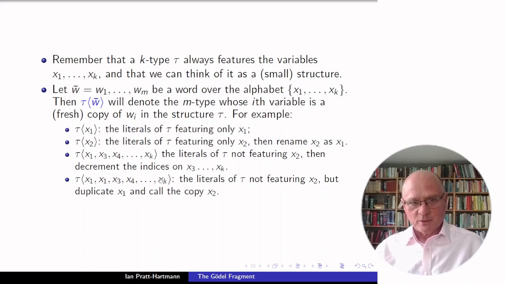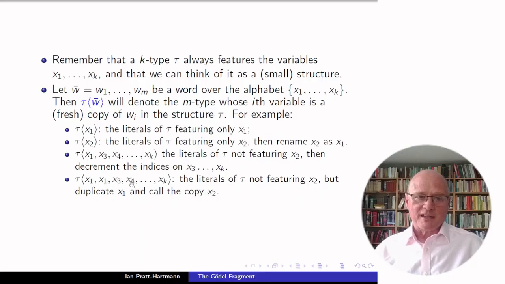Which ones? Well, you ignore the variable x2, so you look at all the literals of Tor not featuring x2, because x2 doesn't occur here, and you then duplicate x1 and call the copy x2.